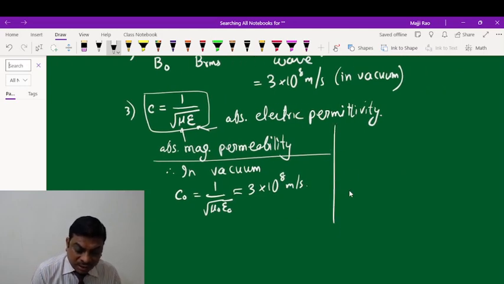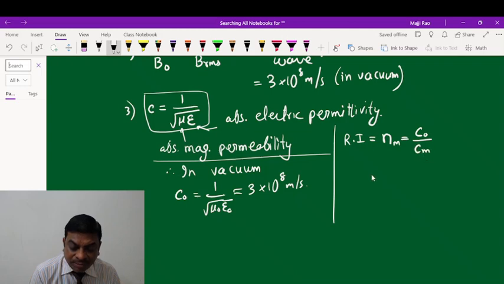Also you can understand that the refractive index of a medium m is equal to the speed of light in vacuum upon the speed of light in the medium. The speed of light in vacuum, just now we saw, is 1 over under root mu naught epsilon naught. The speed of light in the medium is 1 over under root mu epsilon.